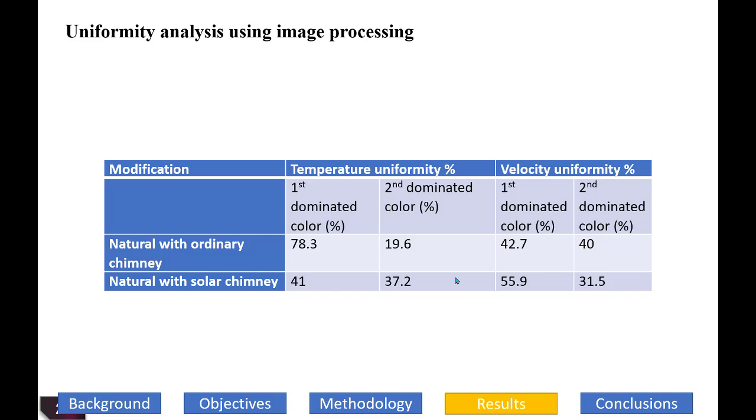For better analysis of the CFD results, an image processing technique has been applied to select the best design that ensures more uniform temperature distribution and velocity distribution inside the solar dryer chamber. The obtained results show that the temperature in the solar dryer with ordinary chimney is more uniform by 37% compared to the indirect solar dryer with solar chimney.